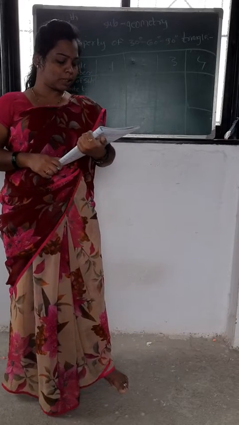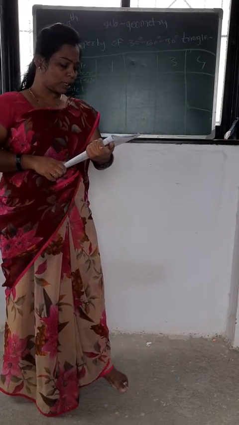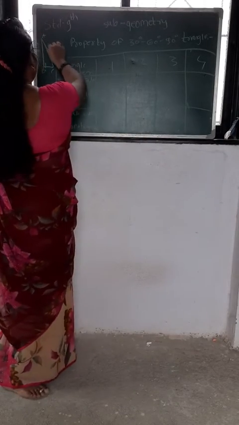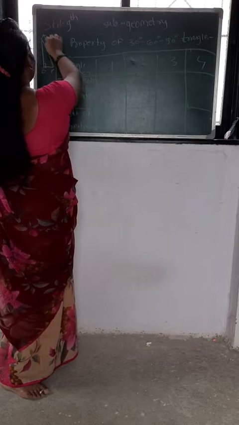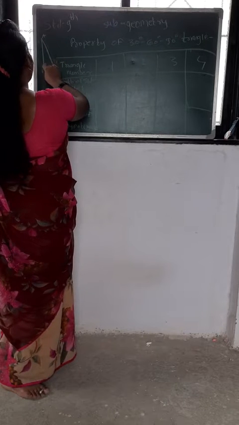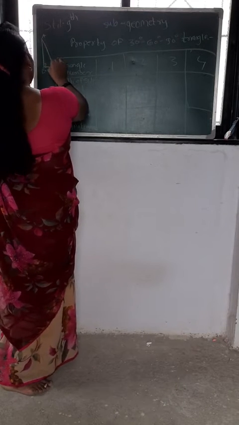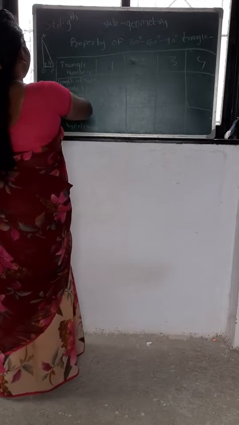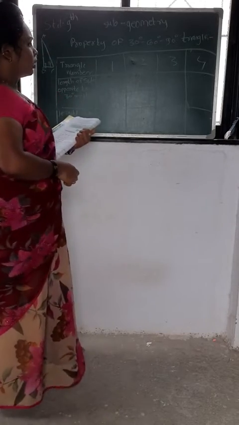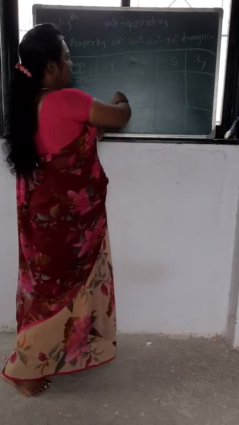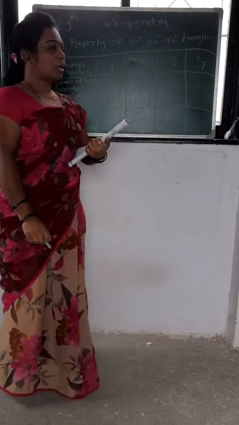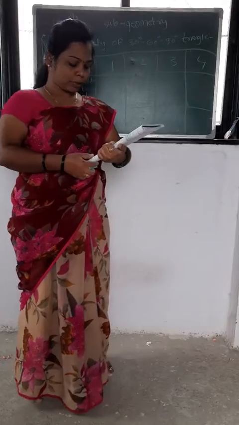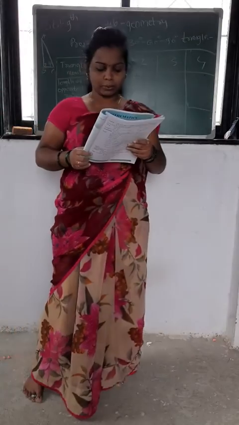Each one should measure the length of the hypotenuse and the length of the side opposite to 30°, that is AB. In this way draw 4 triangles and find the length of the side opposite to 30° and the length of the hypotenuse. This is our first activity.